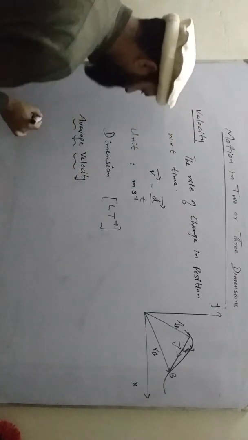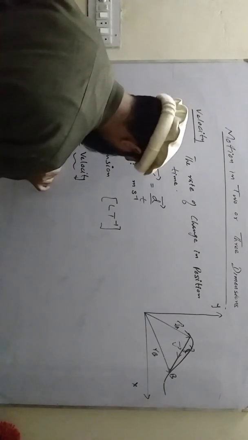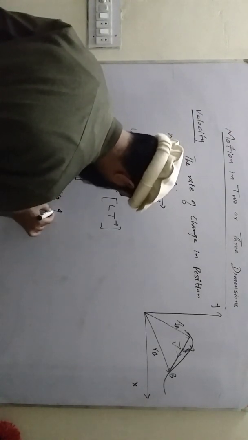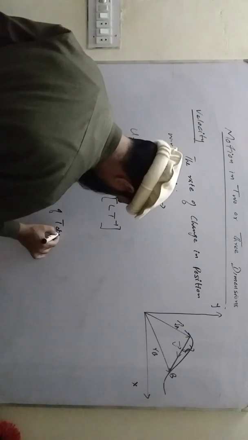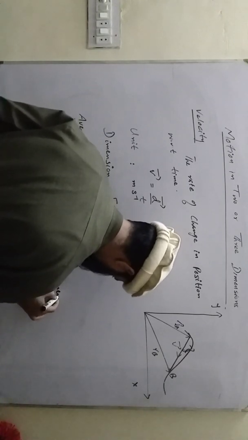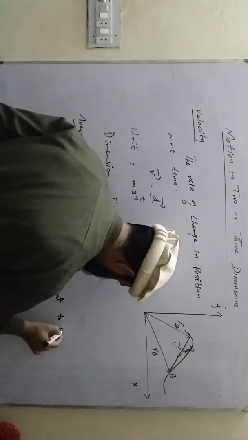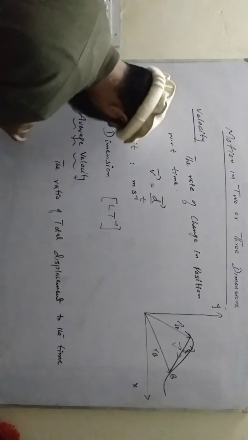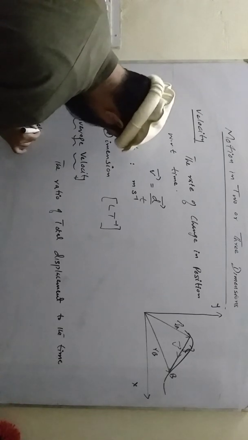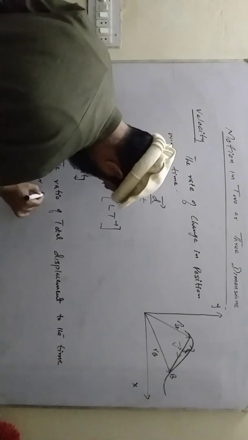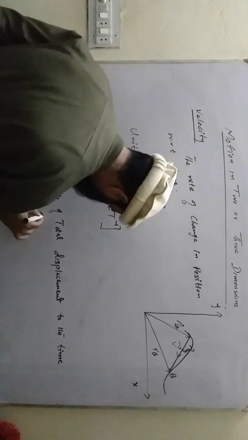Average velocity is defined as the ratio of total displacement to the time taken to cover this displacement.